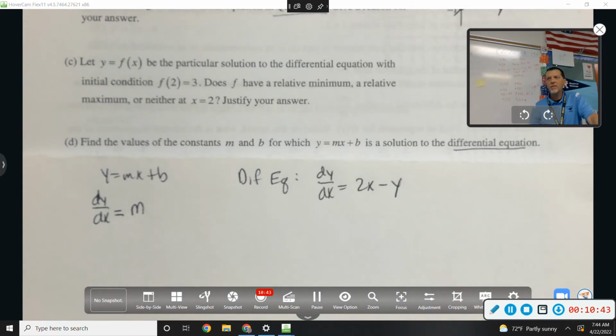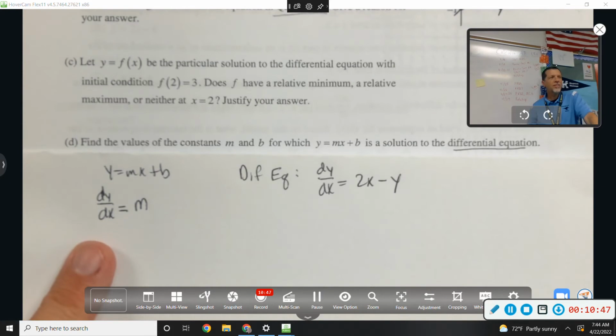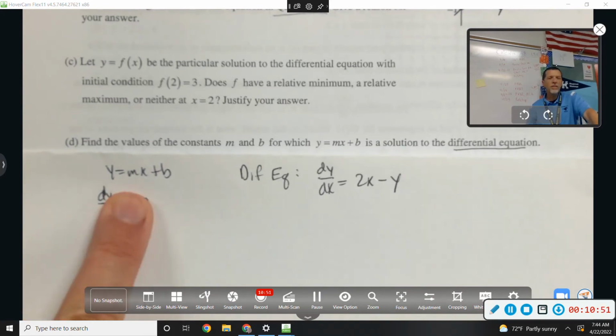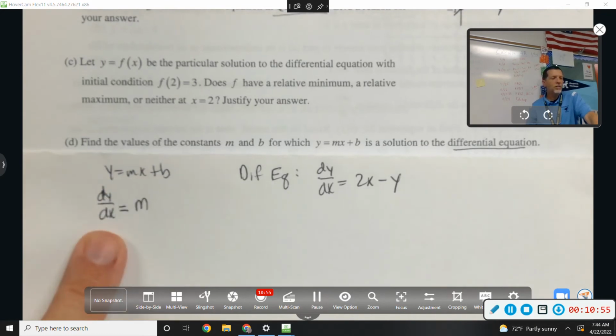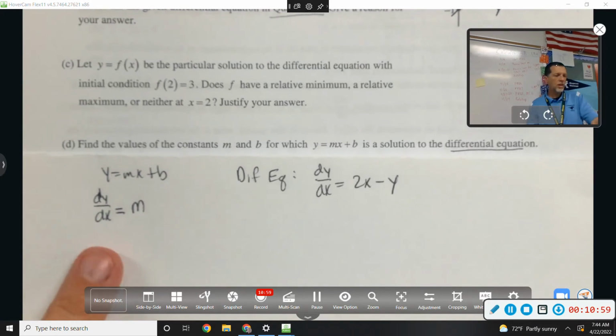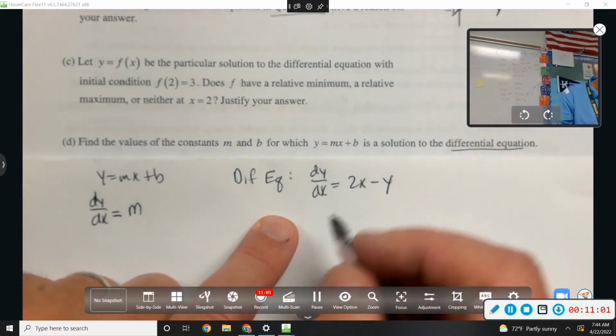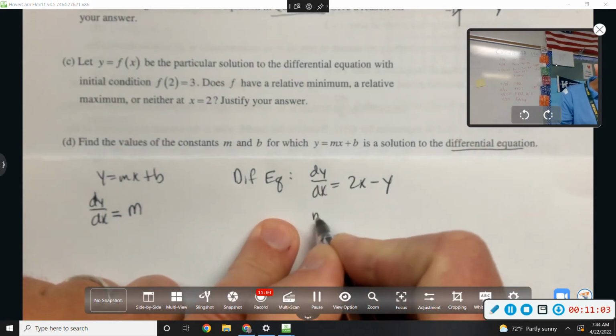And then, back up, big picture here. What does dy/dx tell you about a curve? Its slope. What does m tell you about a line? Slope. So this makes sense. Yes, the derivative of a line should be its slope. Okay, so dy/dx is m.